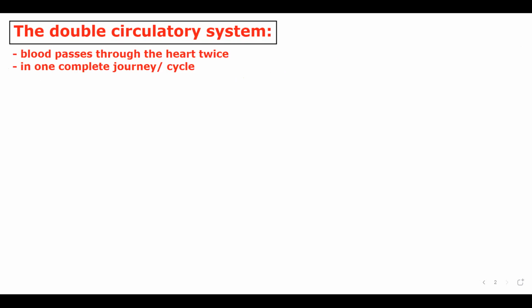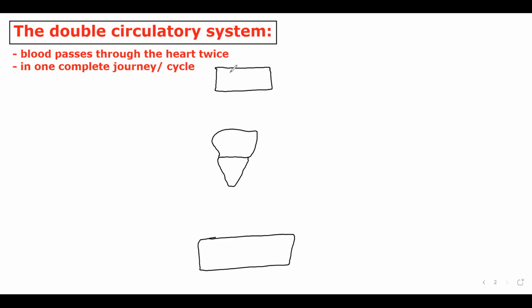Here, let me draw. As we have just talked about the heart, let's say here I have my heart. And here, let's say I'll have the lungs. And here I'll have the rest of the body. These are the lungs.